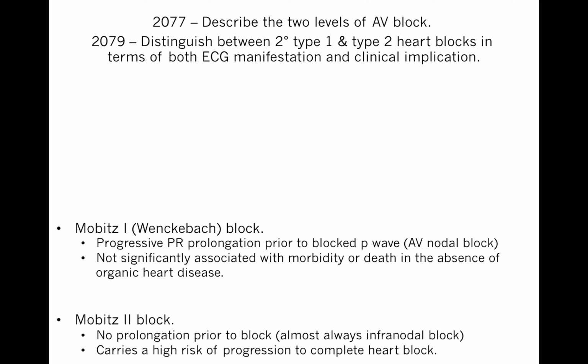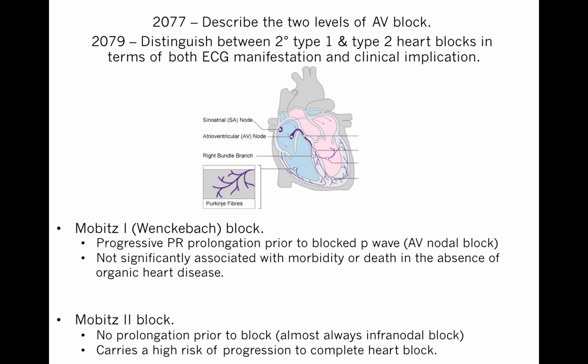So why is it important to distinguish between type 1 and type 2? And what are the clinical implications? Well, type 1, which is what we call Wenckebach and involves prolongation of the PR interval, usually occurs at the AV node level. Why is this important?